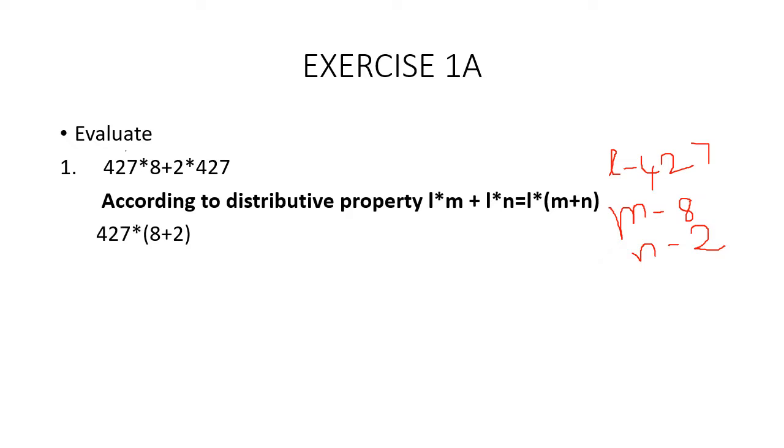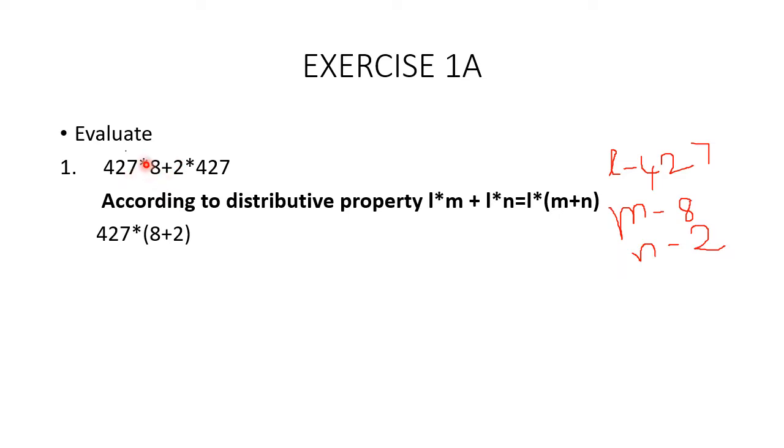From this problem we can take 427 as common from the first term and the second term. These terms are separated with a plus sign and not separated with multiplication.